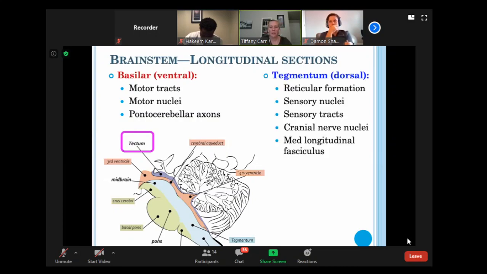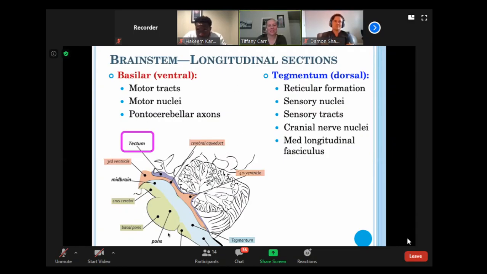Then we're going to have the tegmentum running dorsally. The green portion, I just assumed that was the basilar because it's the ventral part. Okay, yeah. Oh, I have the little box in the way, so I was not even looking at the word. I missed the word. That's why I'm like, I know there's a name to it.